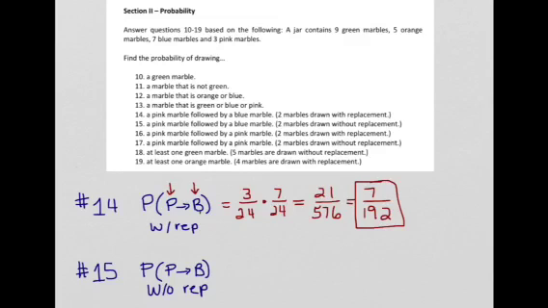Now in the next one, we want to find the probability of pink followed by blue again, but this time without replacement, sorry. So, again, probability of getting pink the first time is 3 out of 24. But now when we go to select the second time, we're down to 23 marbles because whatever we picked the first time wasn't replaced.